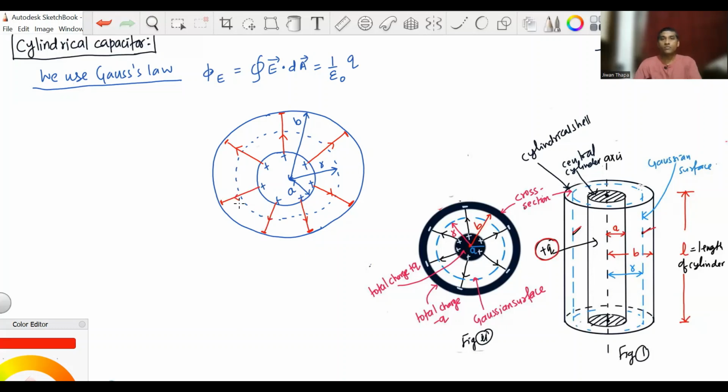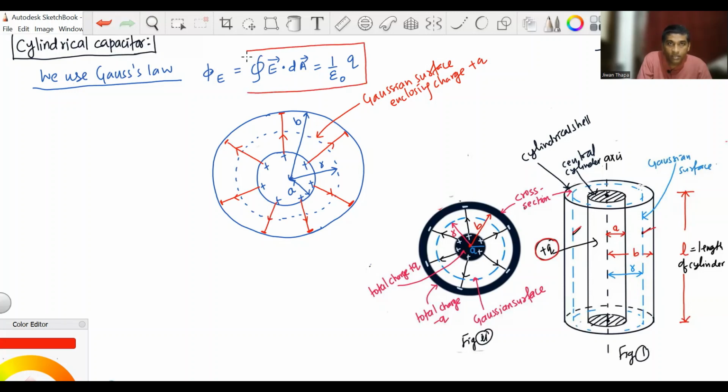This is the Gaussian surface, and it is enclosing charge plus Q. Now let us take this part of the equation. If we look into the Gaussian surface, this is the Gaussian surface.